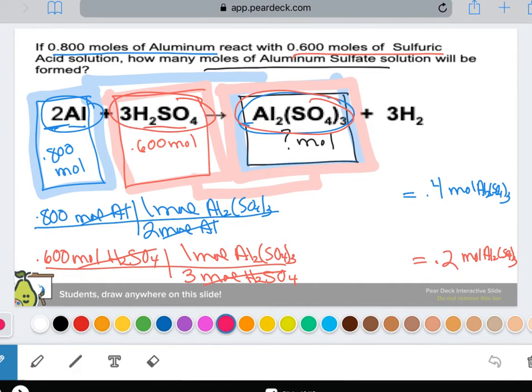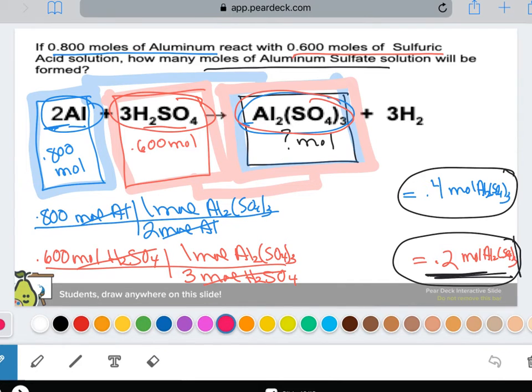So now we need to kind of look at this because it seems a little confusing at first. Am I going to make 0.4 moles of aluminum sulfate or 0.2 moles of aluminum sulfate? And the answer is I'm going to make the least amount because I am going to run out.